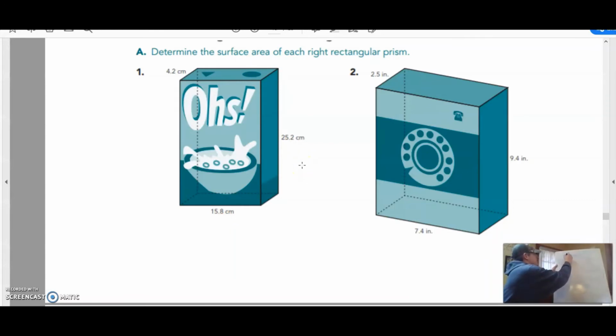So in order to find the surface area, we want to find the total area of all the surfaces. That means we need to find the area of the front and of the back, the top and the bottom, the left and the right.